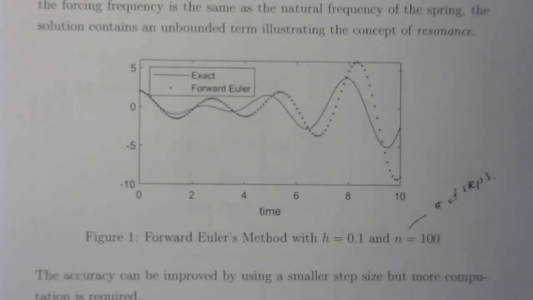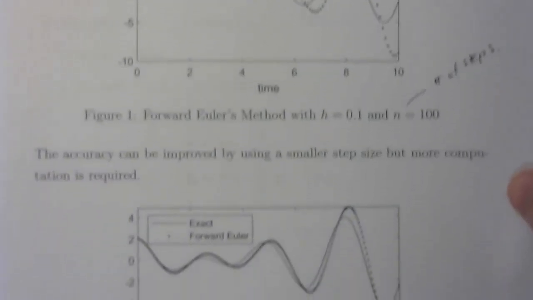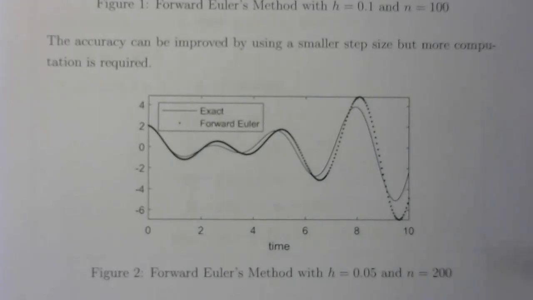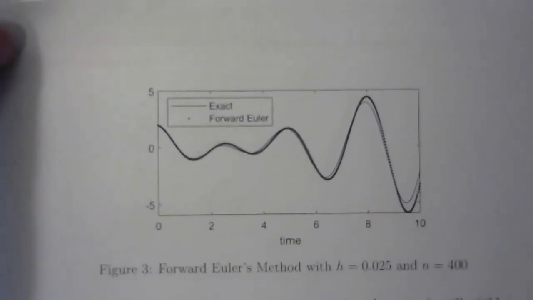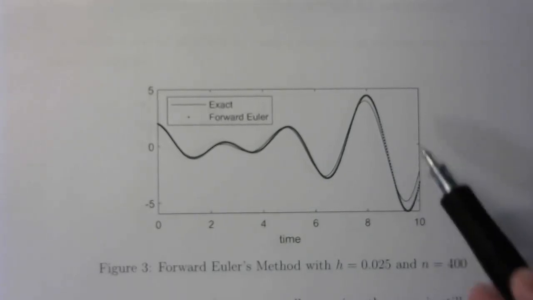If I decrease the step size, I can get something that is more accurate, but much more computation, right? So now I'm doing a step size that's 1/2 as big, so I'm doing twice as many steps to get up to 10, and it's still not great. If I decide to do 4 times as many steps, 4 times as many computations, and a step size of 1/4, it's a lot better, but I still miss stuff.